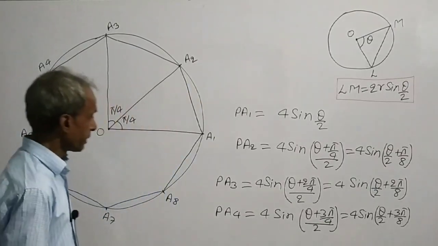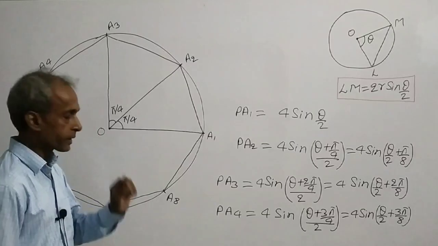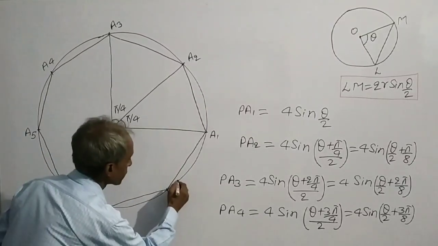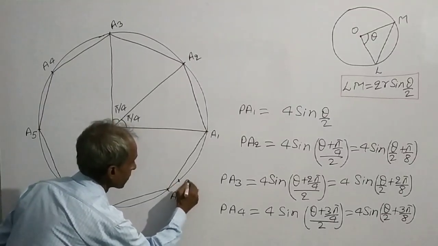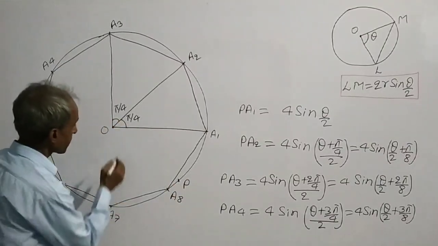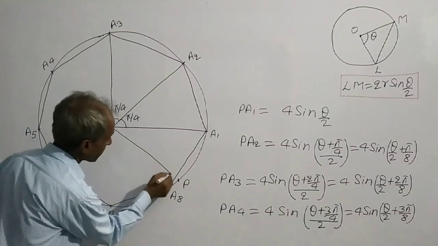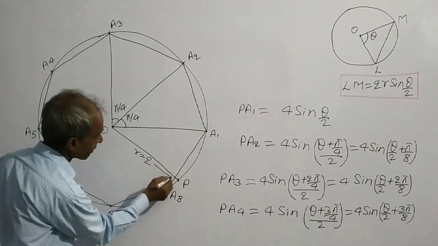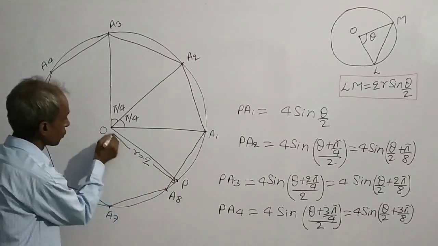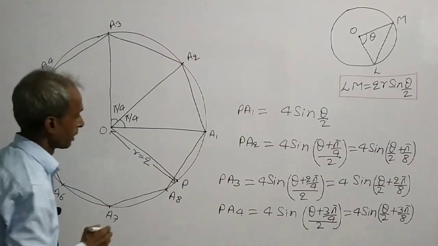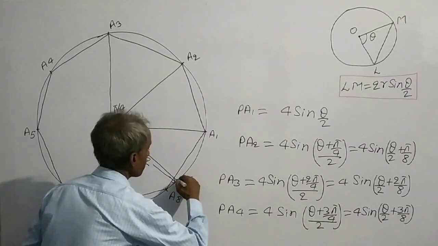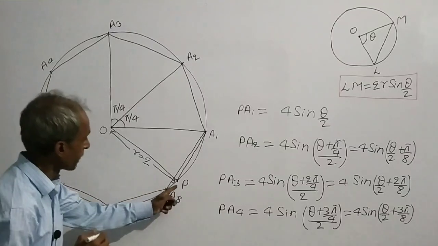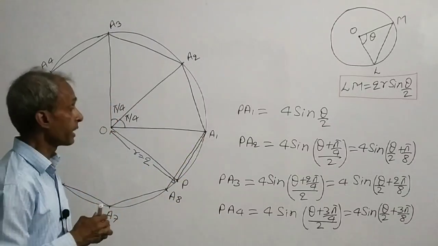P is a point on the circumference of a circle, and the radius of this circle is 2 units. R is equal to 2 units. If we join point P and A1, then PA1 is a chord.